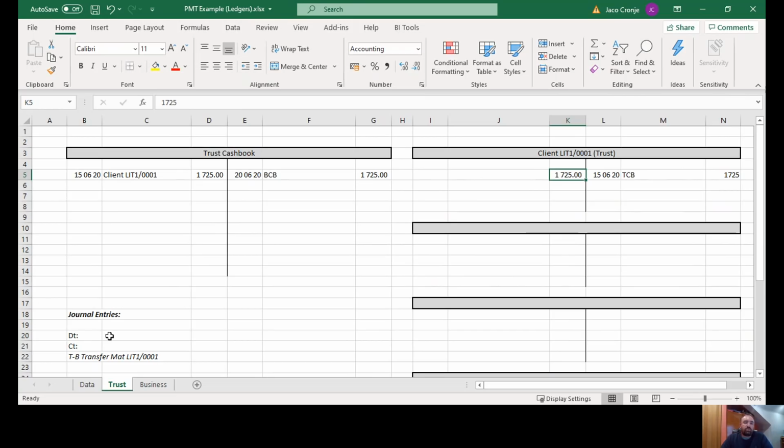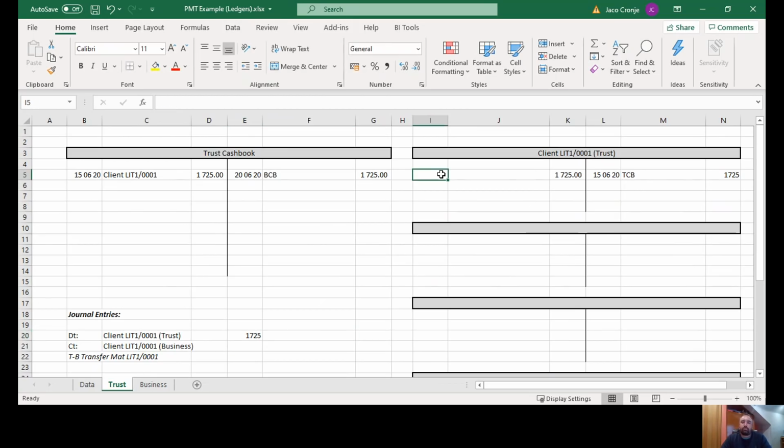So now I can already complete my transaction here, because I know I'm going to debit client LIT11 trust. And what am I going to credit? Client LIT11 business, 1725.